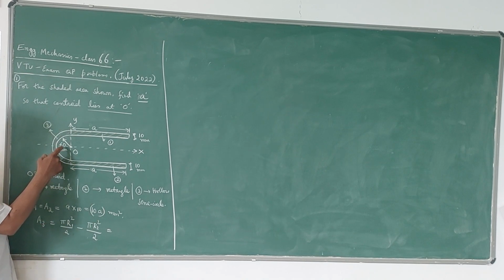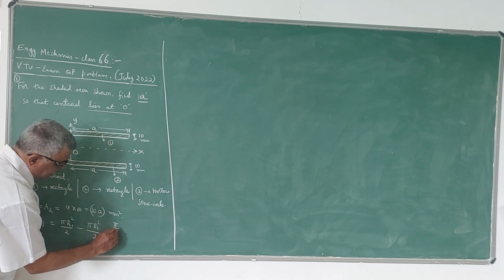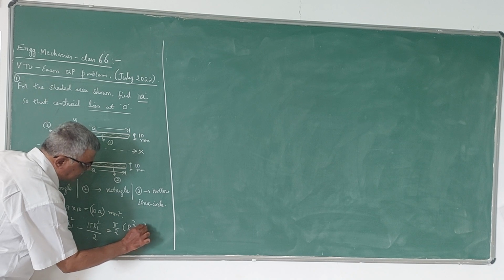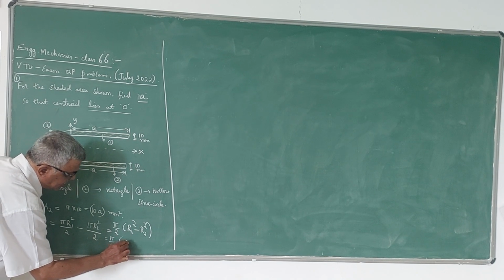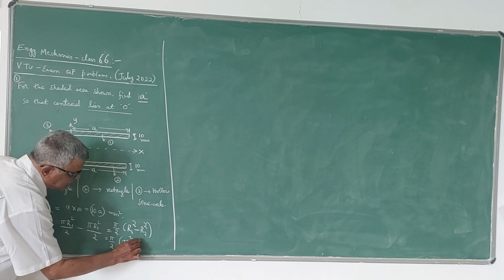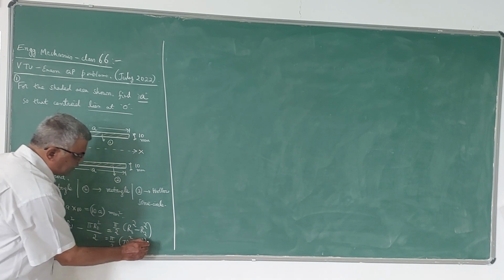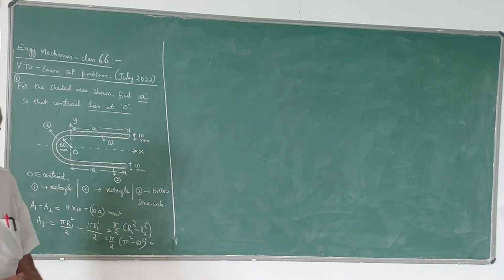So r1 here is 60 plus 10, 70. I can take pi by 2 common, r1 square minus r2 square. So that is pi by 2 into 70 square minus 60 square. This is the area of the hollow semicircular portion.